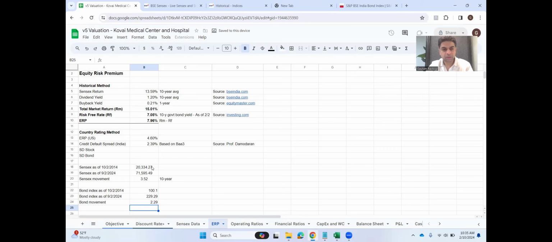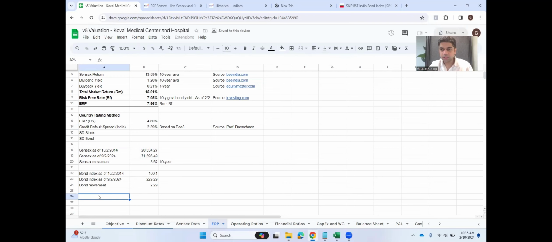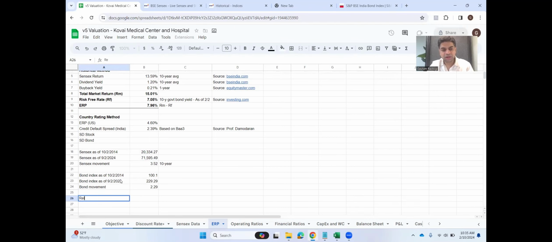Let me align this as well. Now, what's the relative movement of the Sensex vis-a-vis the bond market? It's 3.52 divided by 2.29.